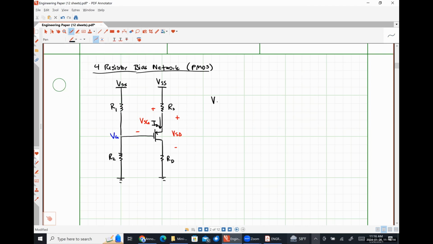By inspection, this voltage is still just the voltage given to us by our voltage divider. So this is going to be VSS times R2 over R1 plus R2.